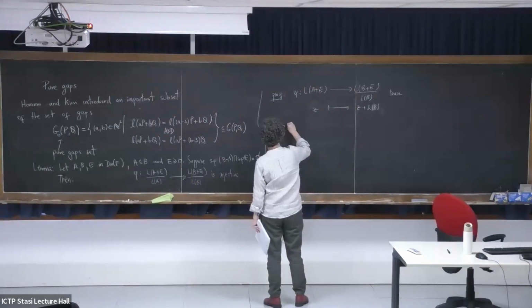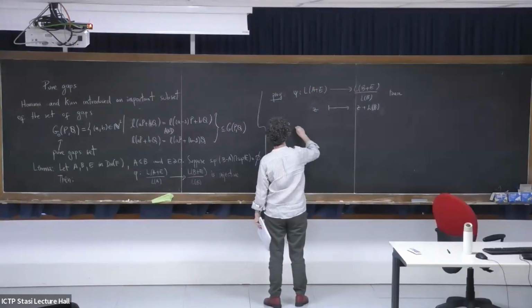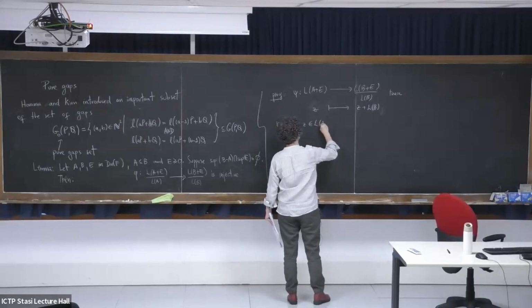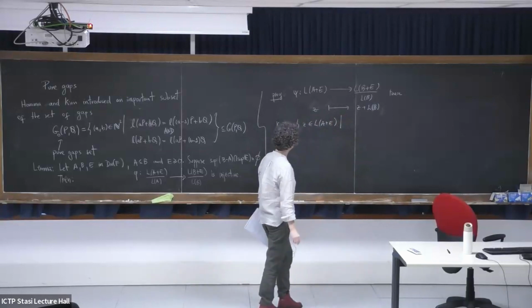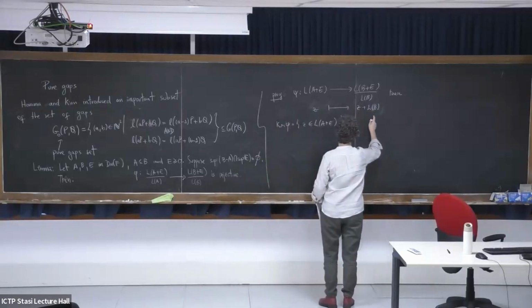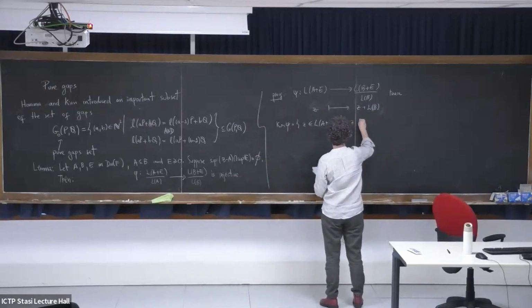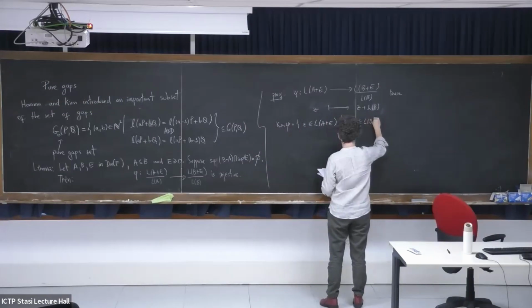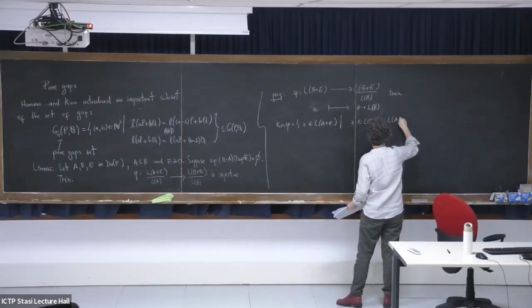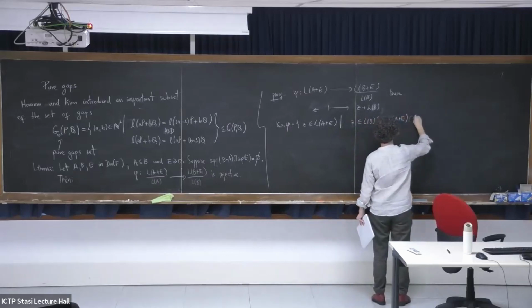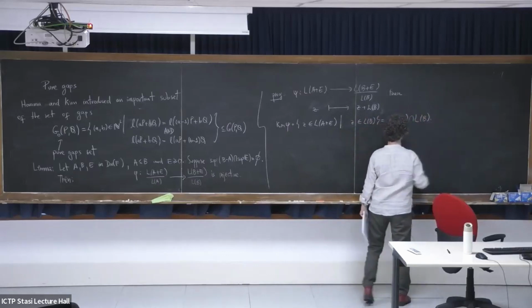So who is the kernel of phi? This is just the functions living here such that the class is 0, so you want that z has to be also here. So this is just this space intersected with this space.